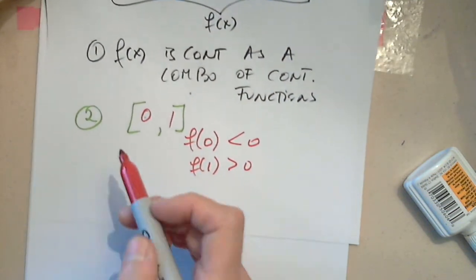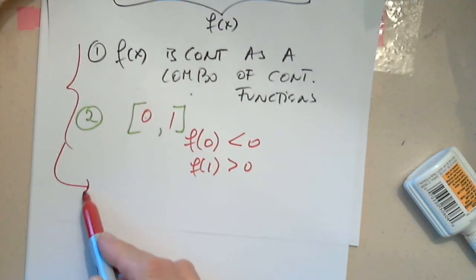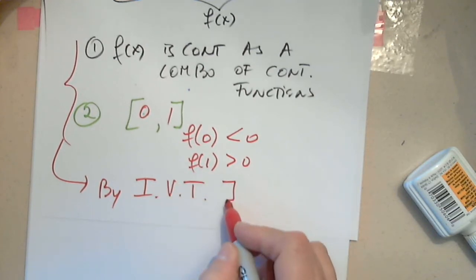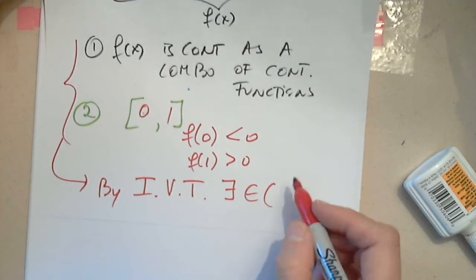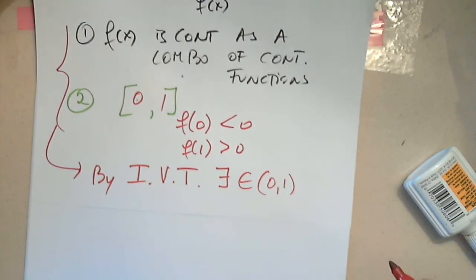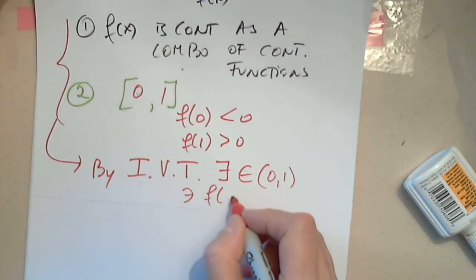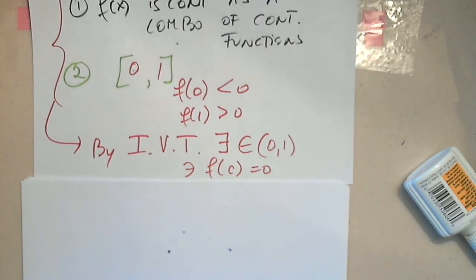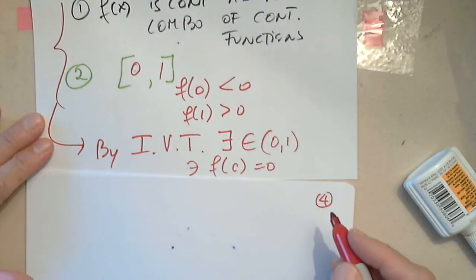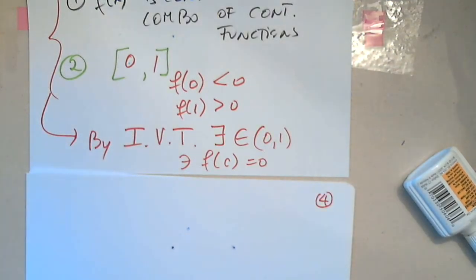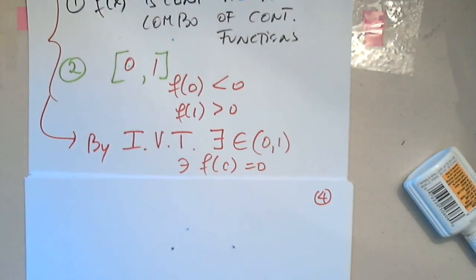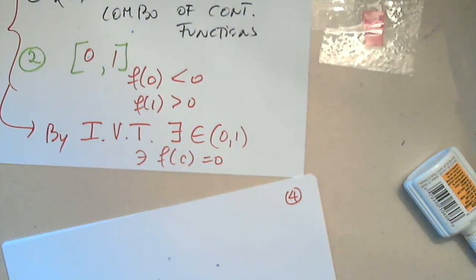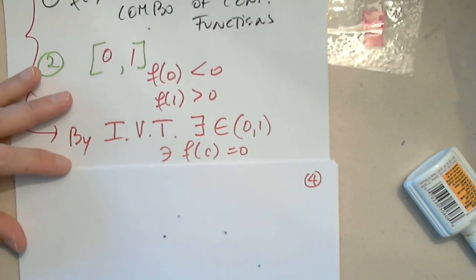So from steps 1 and 2, by the intermediate value theorem, there must be a number c, at least between 0 and 1, such that f of c is 0. In other words, there is a solution between 0 and 1, and that's where you should look for it. There may be others, but at least between 0 and 1, for sure there is a solution.